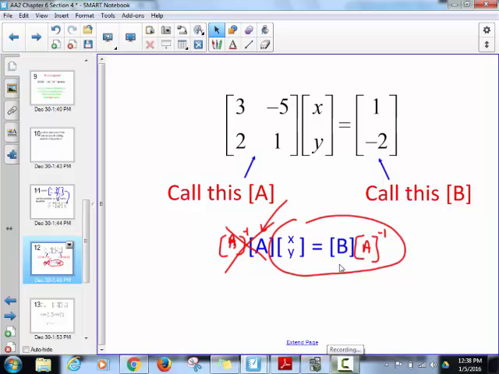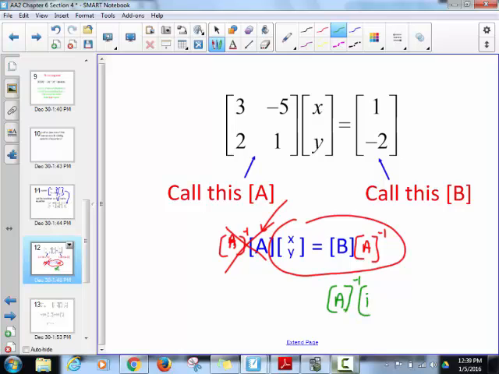So let's think, before I type this in the calculator, does it matter which order? Can I type it in this way, or would I have to type it in with the inverse first? Well, let's think about this. If I did it this way, that would be 1, -2 times a 2 by 2.